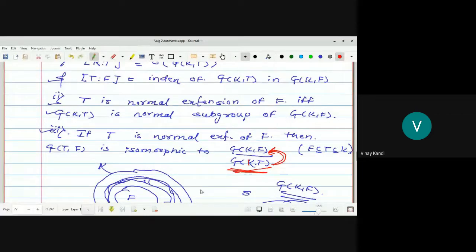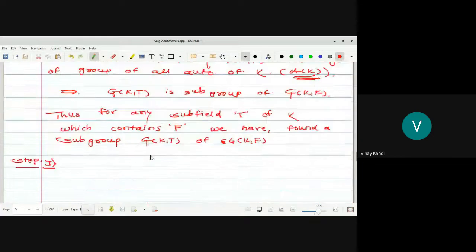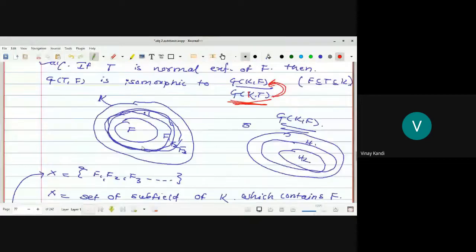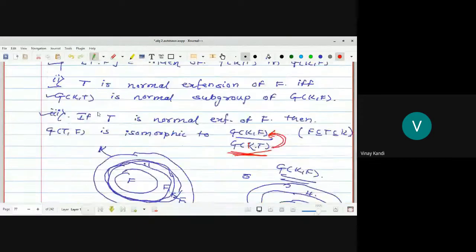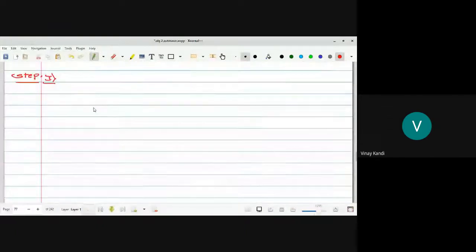Okay. Now, in step number 1, we have to prove that there is a 1-1 correspondence between the set of subfields of K which contain F and the set of subgroups of GKF.